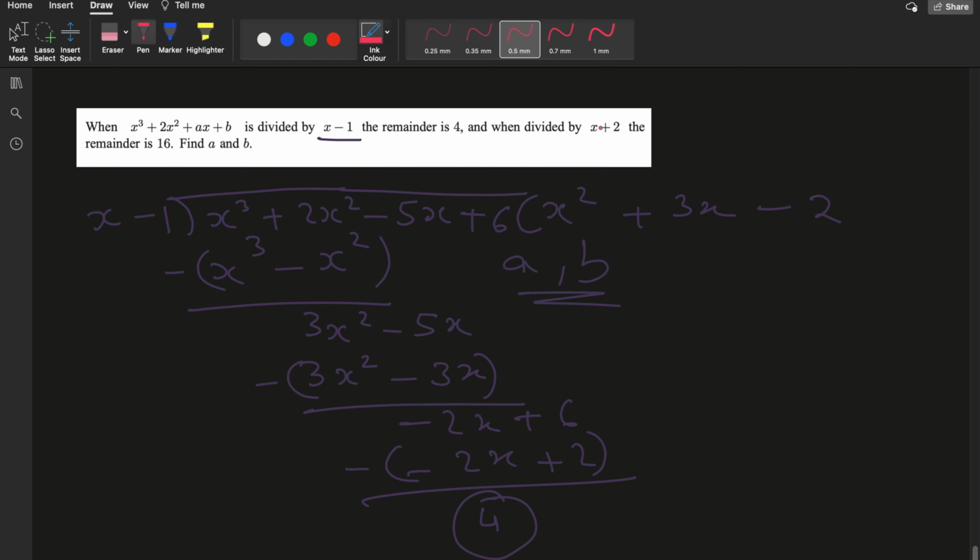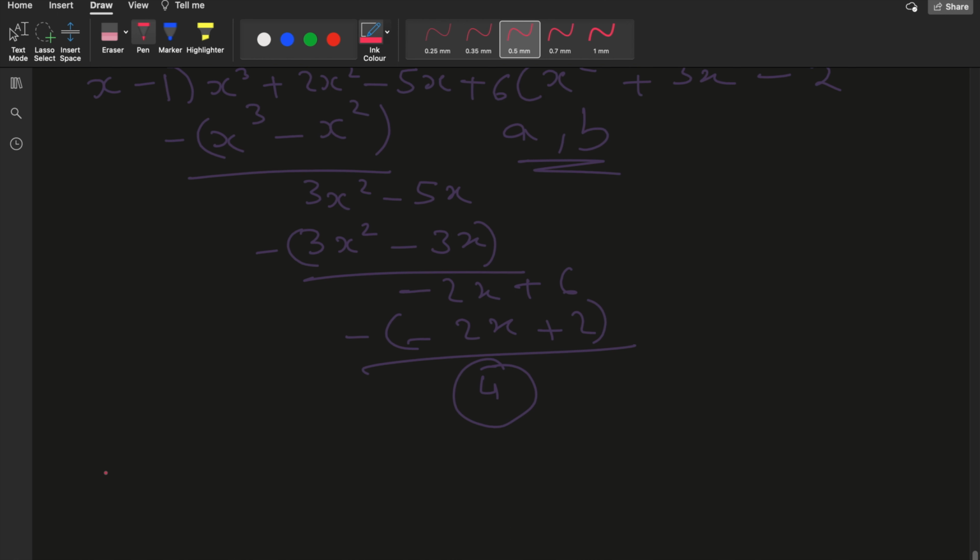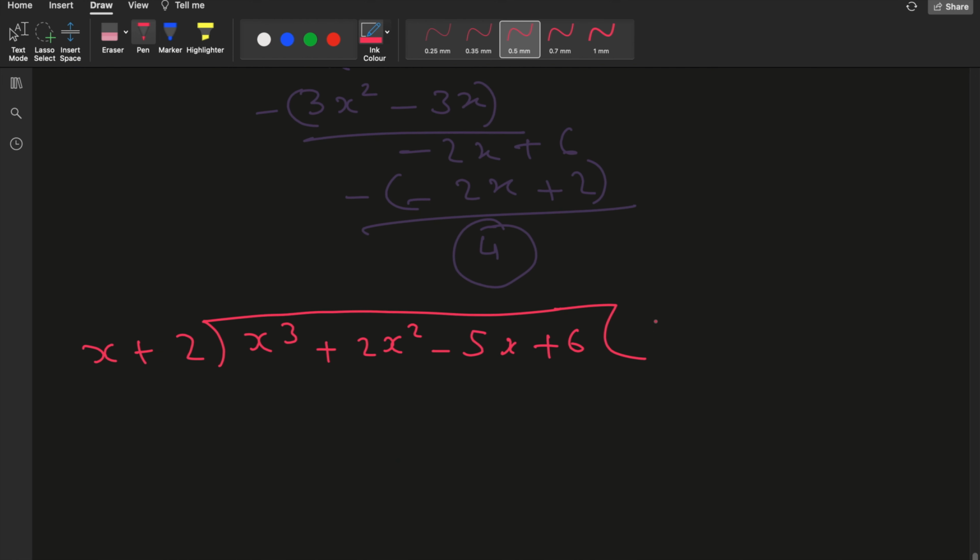Okay, so let's divide by x plus 2 to also confirm that the remainder is 16. So let's do that. This is just to confirm again. This is just simple long division. x squared, so x cubed plus 2x squared.